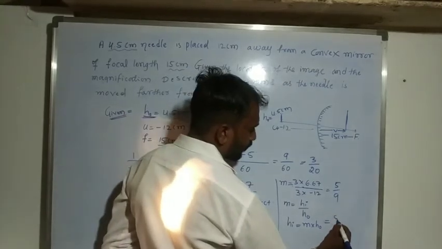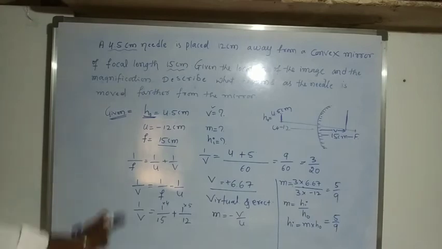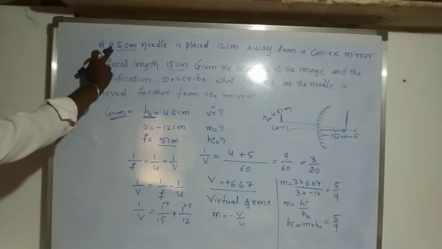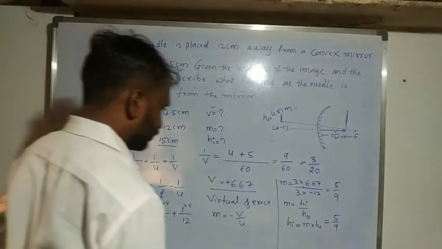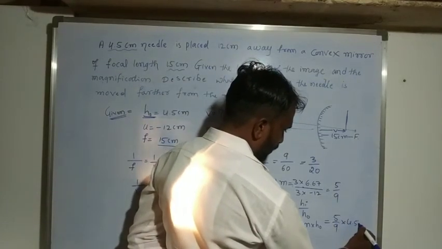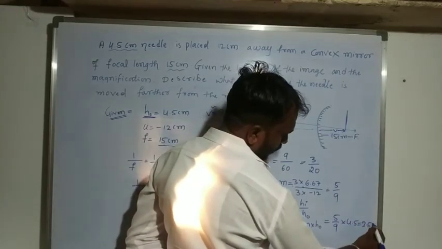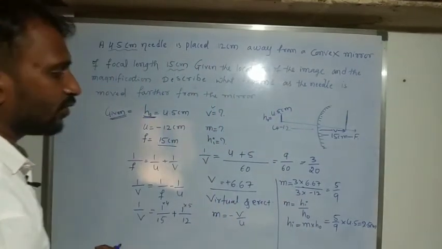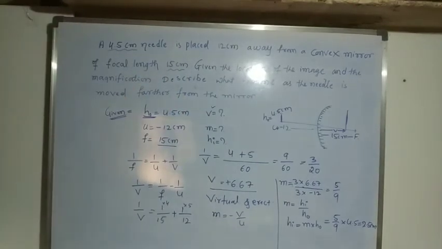Magnification value 5 by 9 and the height of object is 4.5. So height of image is 2.5 centimeter.